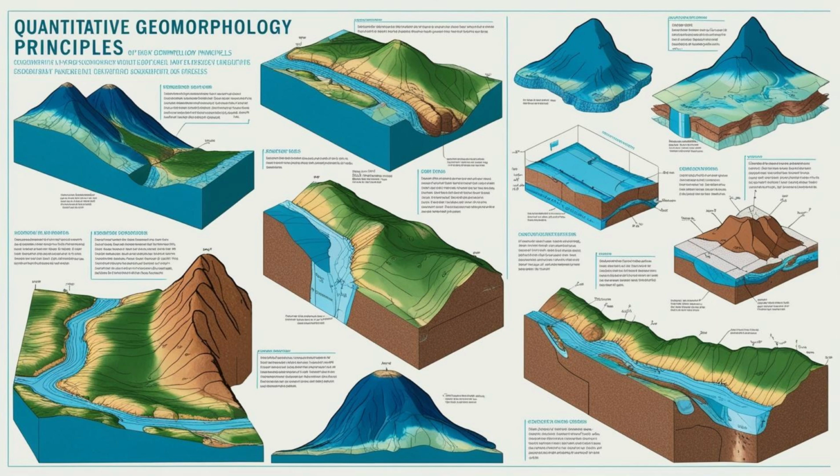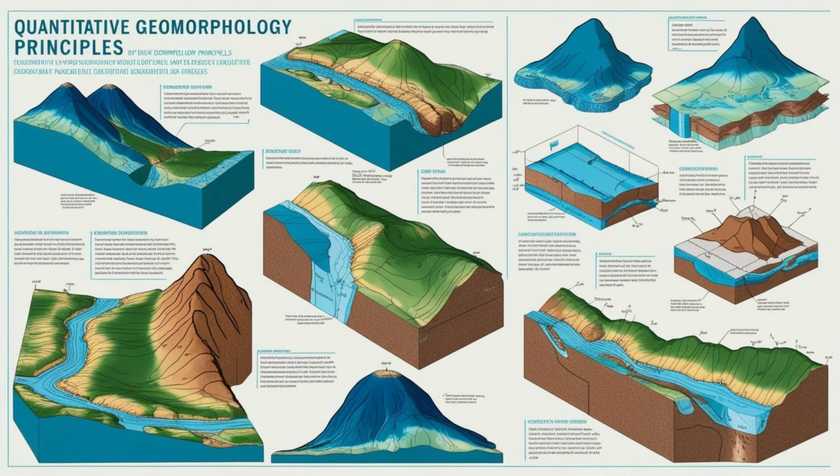Exactly, or hydrological models for water flow, sediment transport models. We also analyze river profiles for clues about tectonic uplift, use indices like the hypsometric integral to describe basin shapes, analyze drainage network patterns. Fractal geometry, too. Yeah, looking at how patterns repeat at different scales, time series analysis to track changes, even analyzing scientific publications themselves. And now, machine learning and AI are starting to find patterns we might have missed.